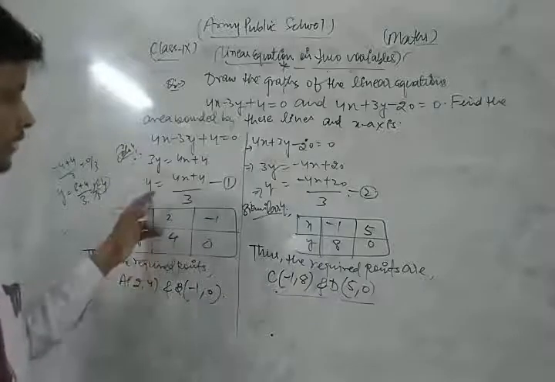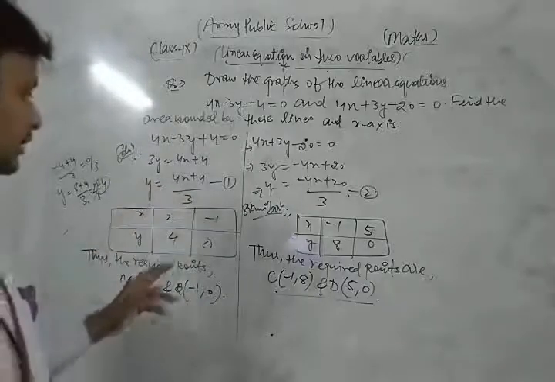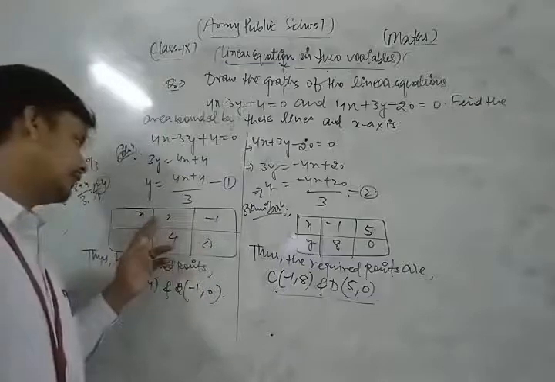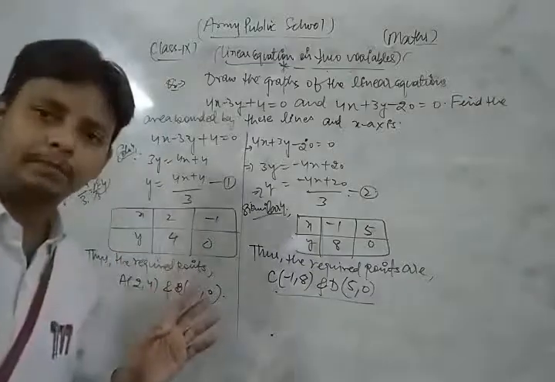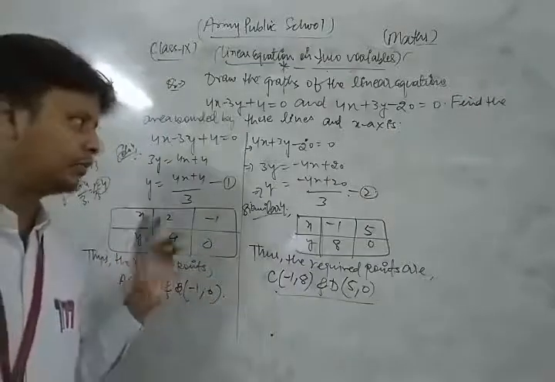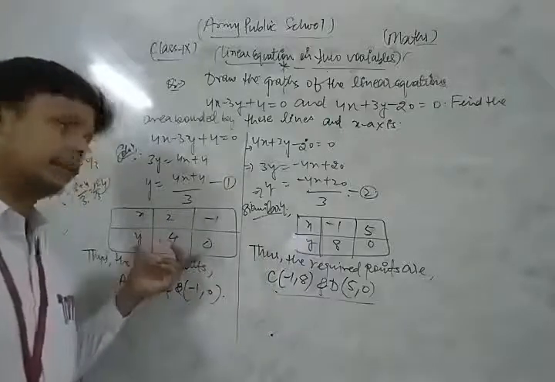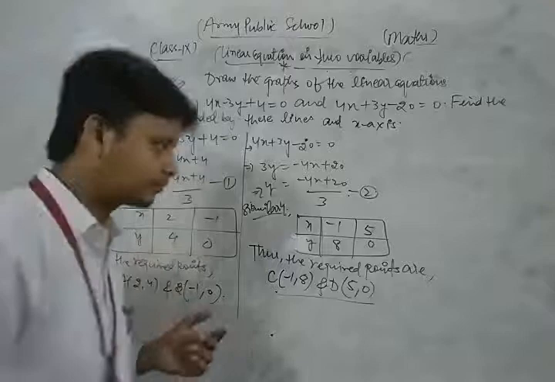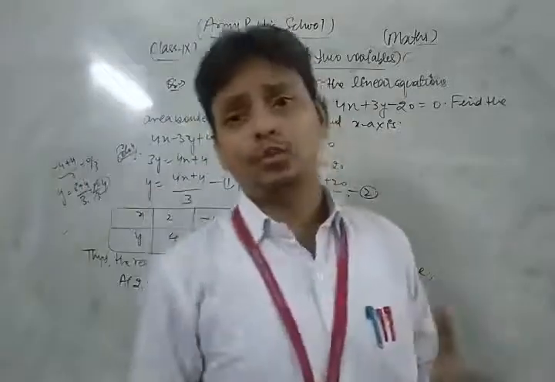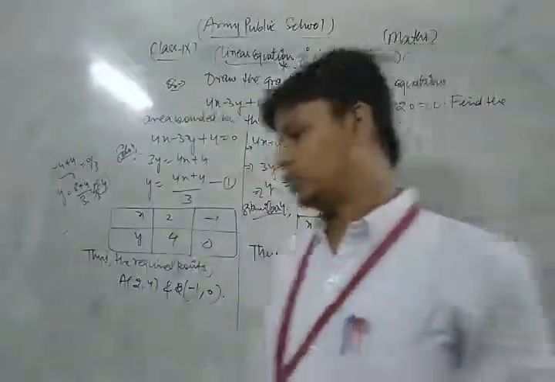First of all, we express y in terms of x. After that, we choose any suitable values of x and find the corresponding values of y. This method is applied in both the equations, so we find 2 points from equation 1 and another 2 points from equation 2.